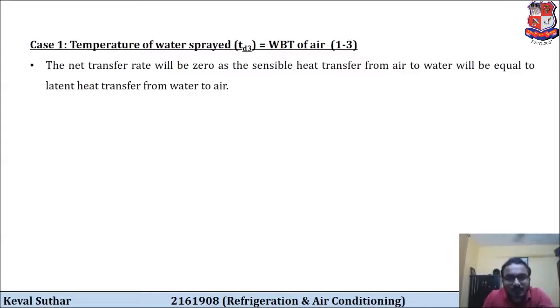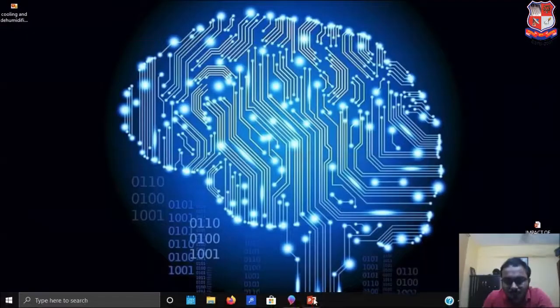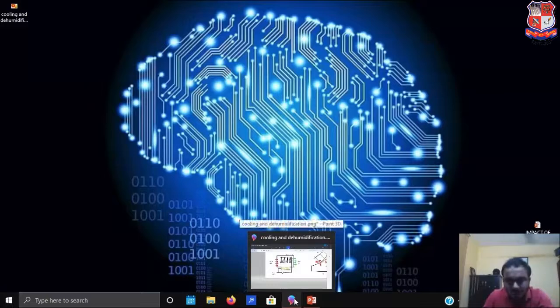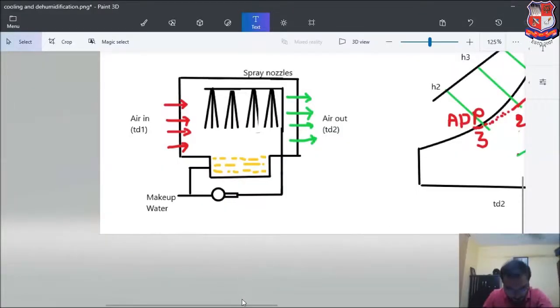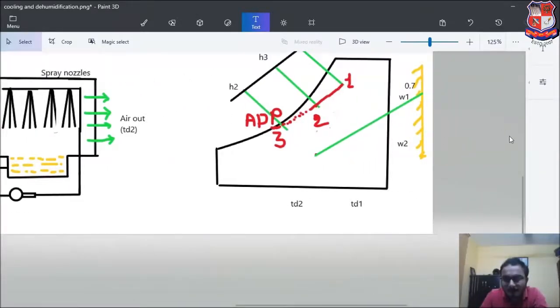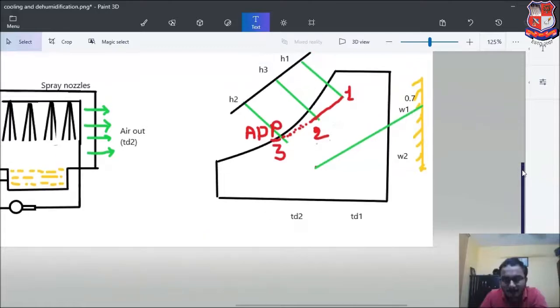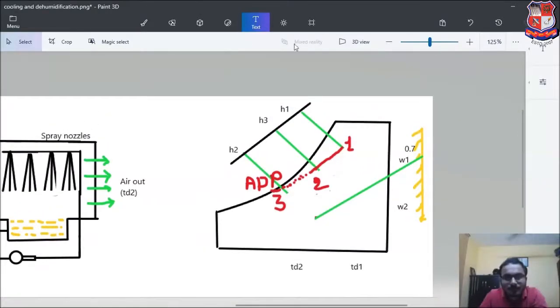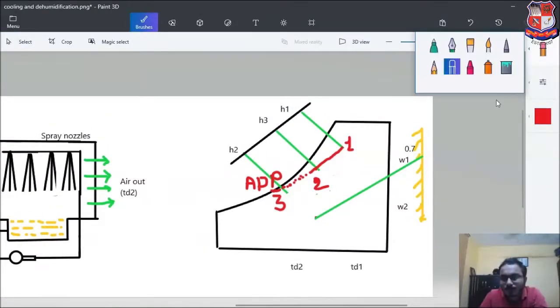So we will try to understand this with a figure. So we will erase few things.